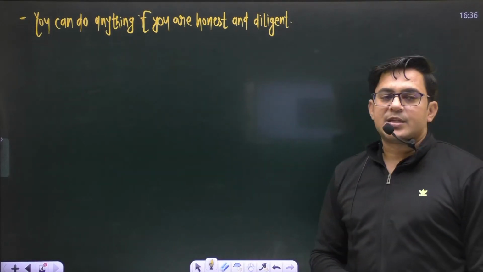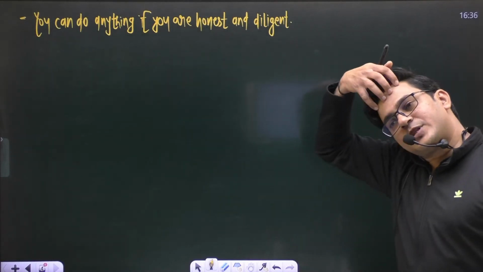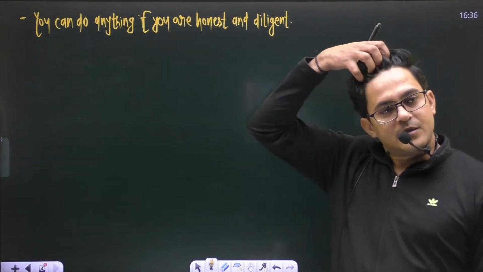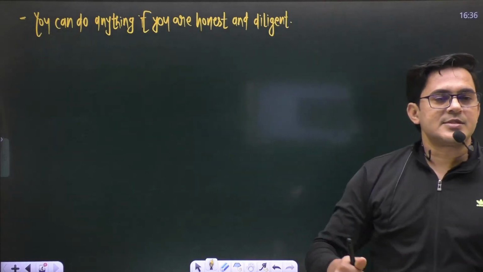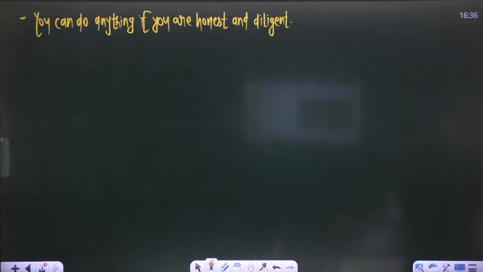You can do anything if you are honest and diligent. Yes, what do you think of this sentence? It is a positive sentence. You can do anything if you are honest and diligent.